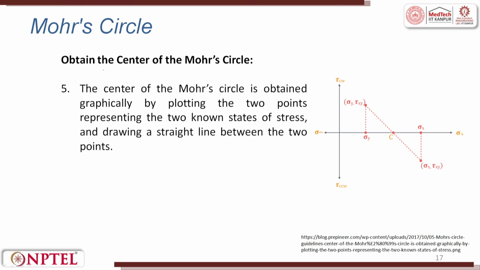Now, to obtain the center of the Mohr circle, what we do is we try to connect this point and this point passing through the x axis. The center of the Mohr circle is obtained graphically by plotting the 2 points representing the 2 known states of stress and drawing a straight line between the 2 points.